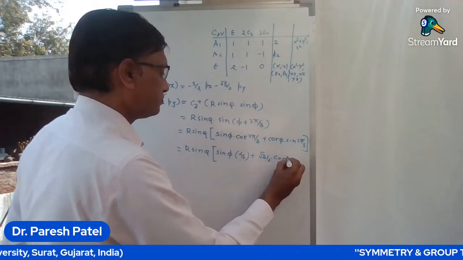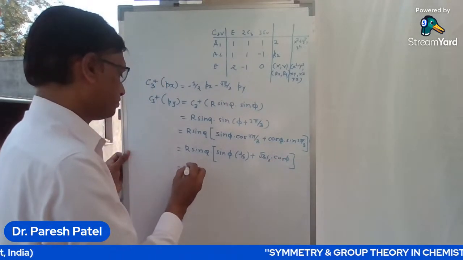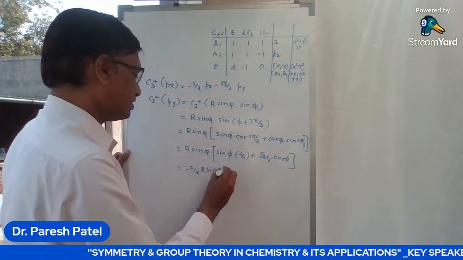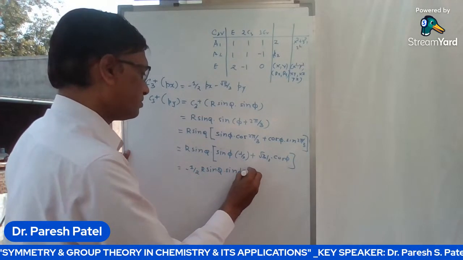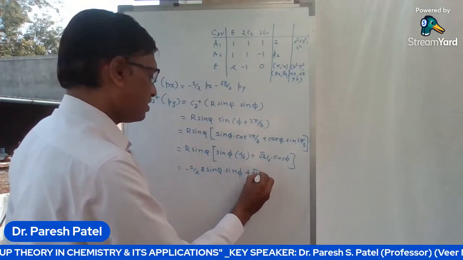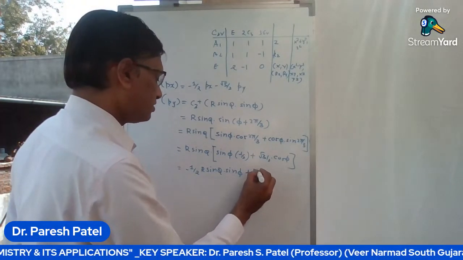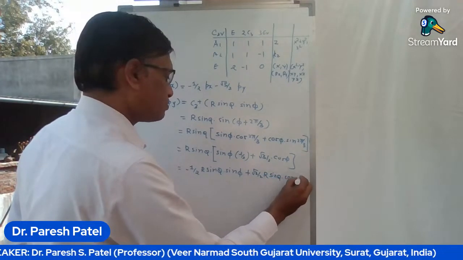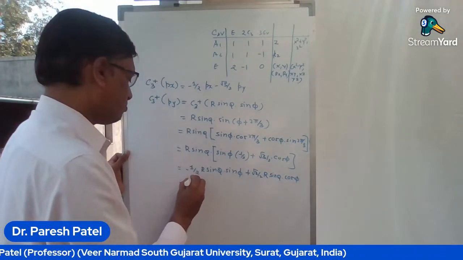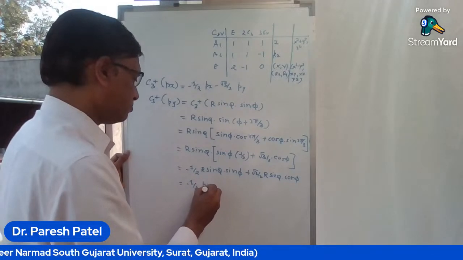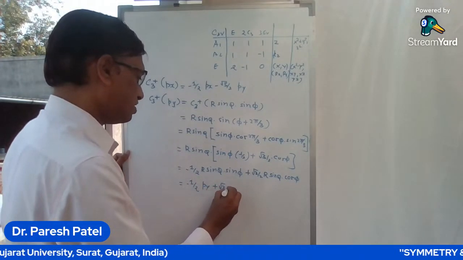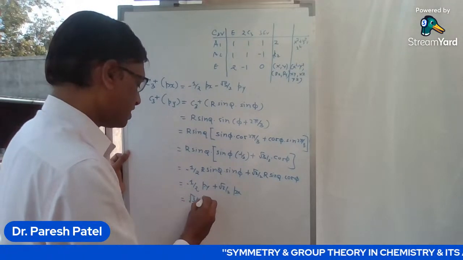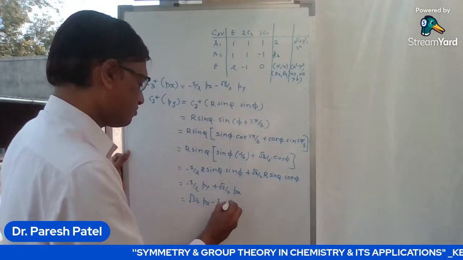So this is equal to minus 1 half r sine theta sine phi plus root 3 by 2 r sine theta cos phi, which is minus 1 half py plus root 3 by 2 px, or we can say root 3 by 2 px minus 1 half py.